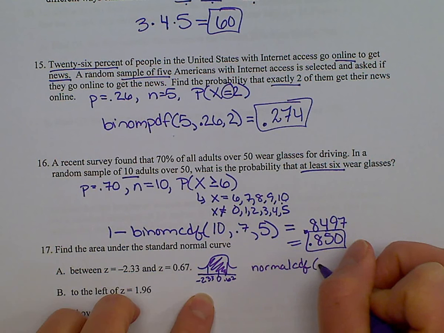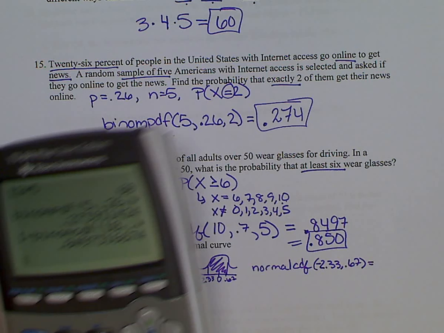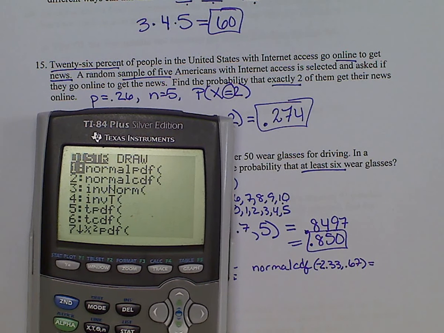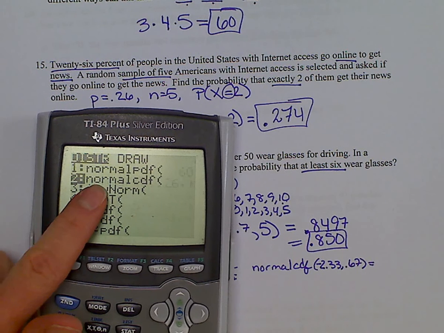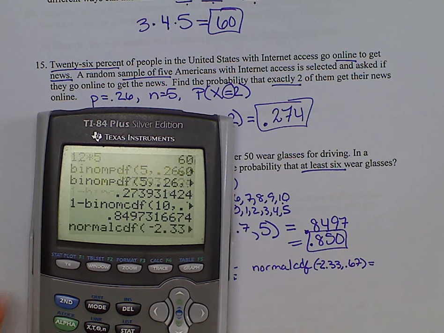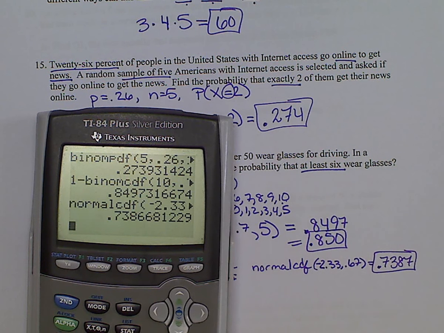We enter in the z-score at the left, followed by the z-score at the right. Okay, this is a normal distribution, so we hit second, variables for distribution. Normalcdf is option 2. These will be rounded to 4 decimal places on the final exam, because that's the way our normal curve table is rounded.